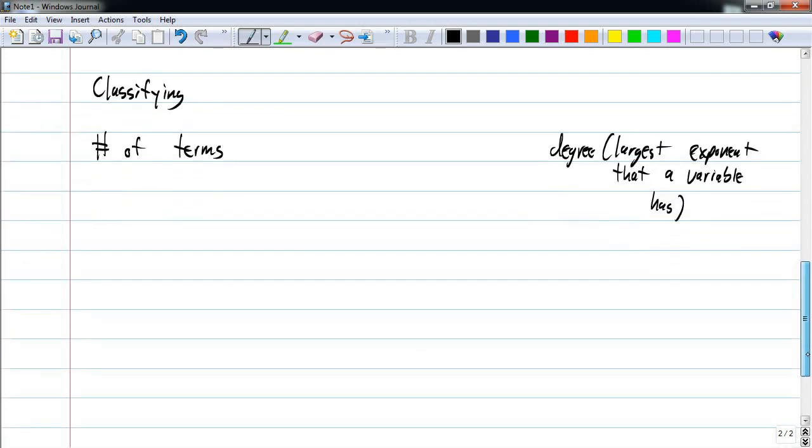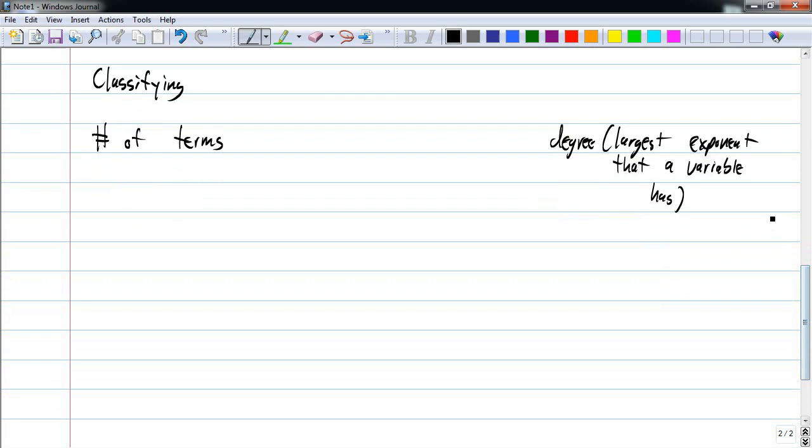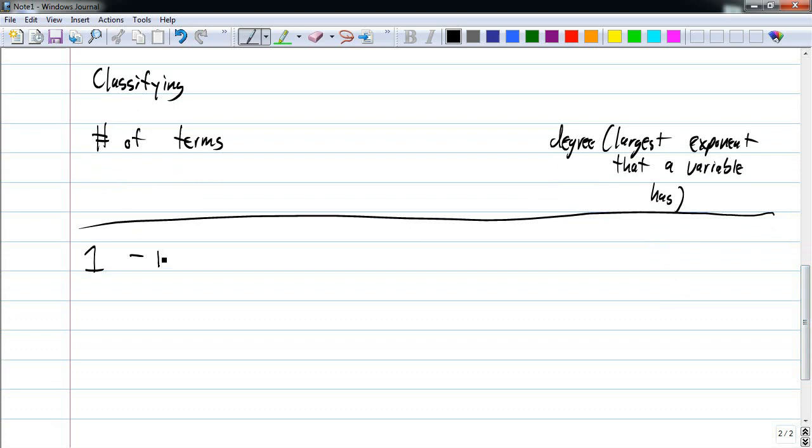Okay, so if we are classifying according to the number of terms, anything that's one term is called a monomial. Mono means one. Anything with two terms is a binomial. Anything with three terms is a trinomial.